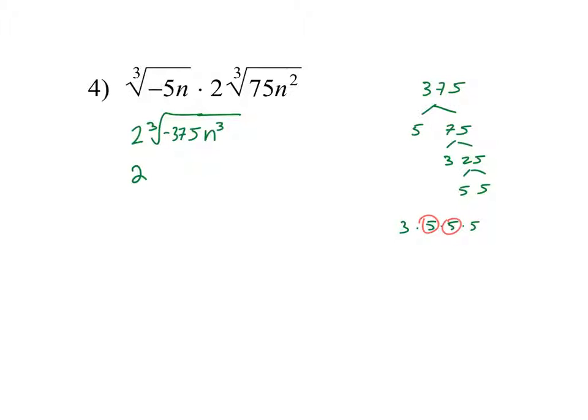So I have a group of 3 fives, right? But remember that this was negative, right? So that means that I'm actually going to take a negative 5 outside. So this is times negative 5, right? Now n, 3 divided by 3 is 1, so n, 1. And the cubic root of 3. So this is negative 10 n cubic root of 3.